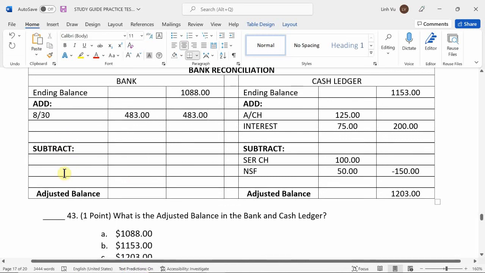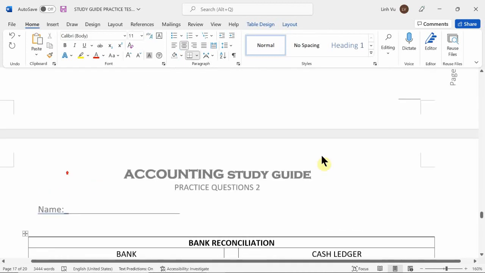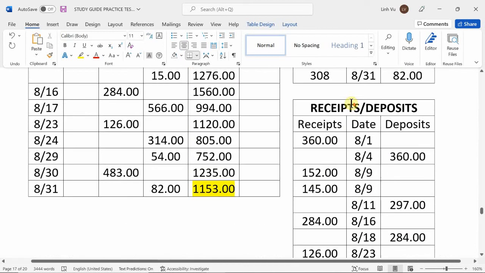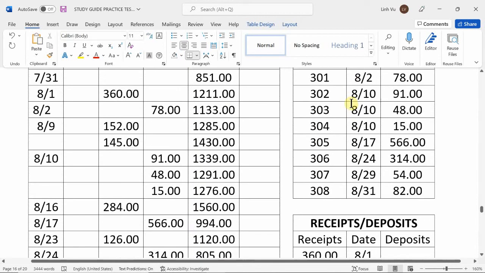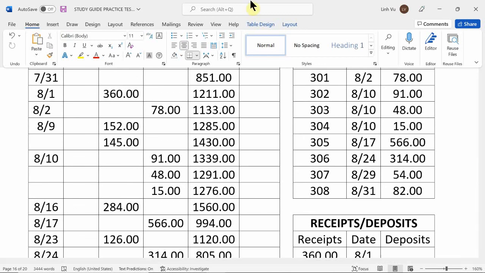What do I need to subtract from my bank? Outstanding checks. So let's see, how many checks have I written out so far? We've written out a total of 8.